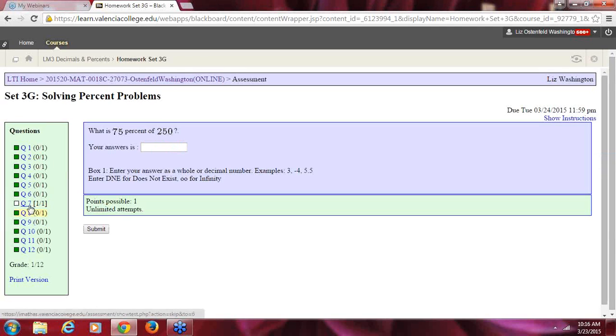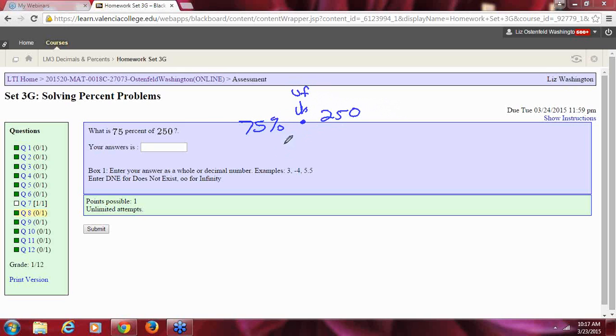Okay. Let's see here. What is 75% of 250? Let me change my color. 75% of 250. So here, just pay attention to what it's saying. 75% of, right, of is multiplication, 250.